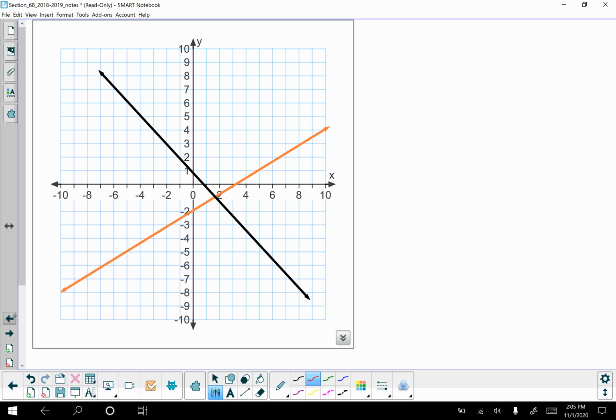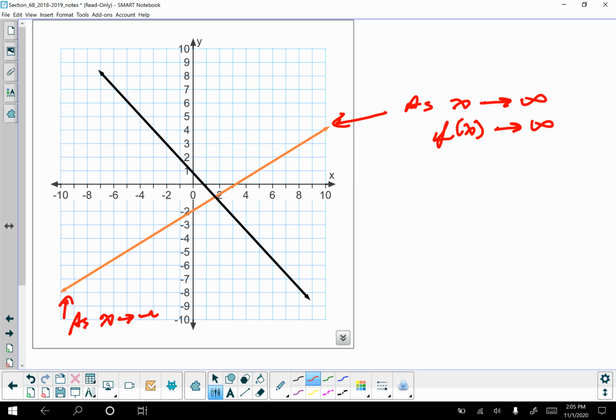Okay. So on this orange line, as x goes to infinity, f at x, the y value, goes to infinity. If I look at this side, as x goes to negative infinity, as I go to the left, f at x will also go to negative infinity, so it goes down.